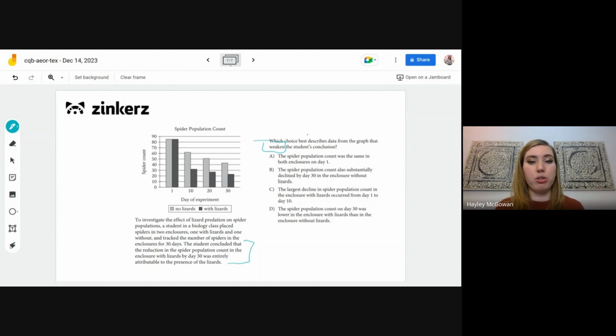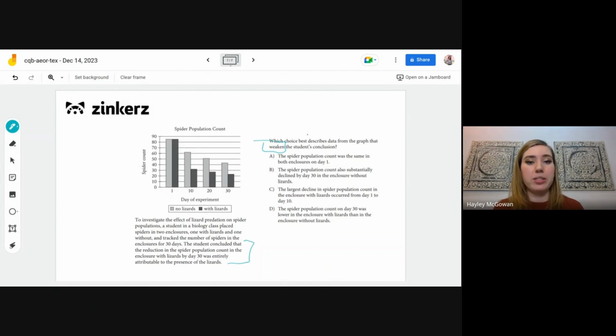So the spiders should have all lived, essentially. So for proving the opposite of that, we need something that suggests that the reduction in the spider population was not entirely attributable to the presence of the lizards. So some other thing must have been causing the spider population to go down besides just the lizards being present.